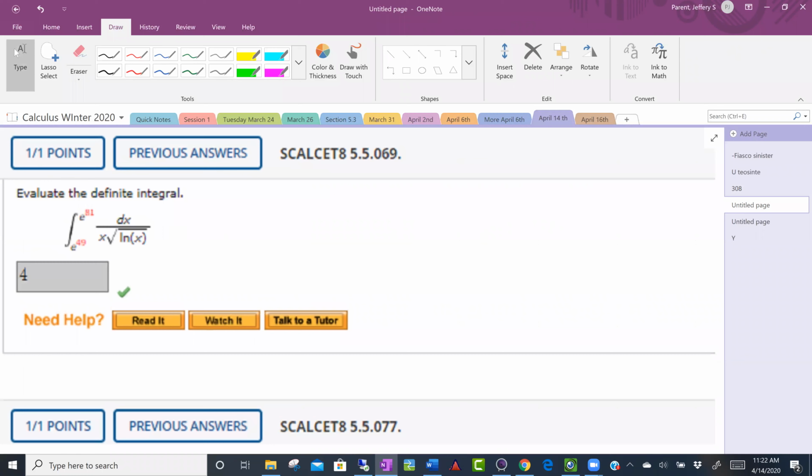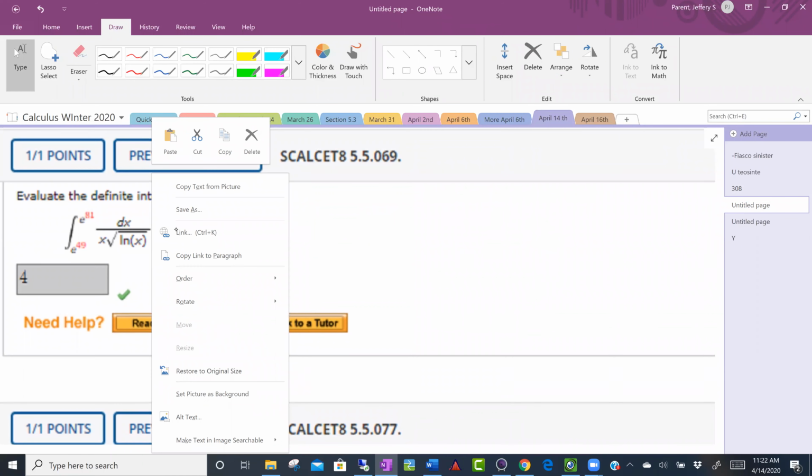Boy, that didn't scan in very well. So tell you what, let's use some different technology to do this one. It's the integral from e to the 49th to e to the 81st of dx over x times the square root of ln of x, like that.